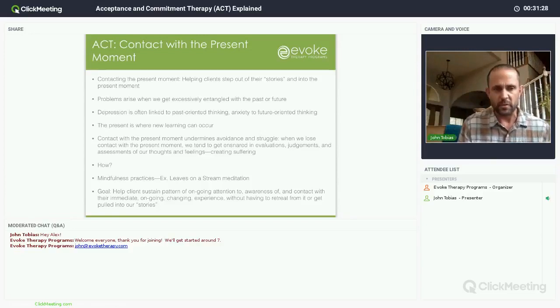And so many difficulties arise when we get kind of entangled or ensnared, and the ACT word that I use is fused with our stories, with our narratives of who we are. They can become incredibly limiting, incredibly shame-provoking, et cetera, et cetera.